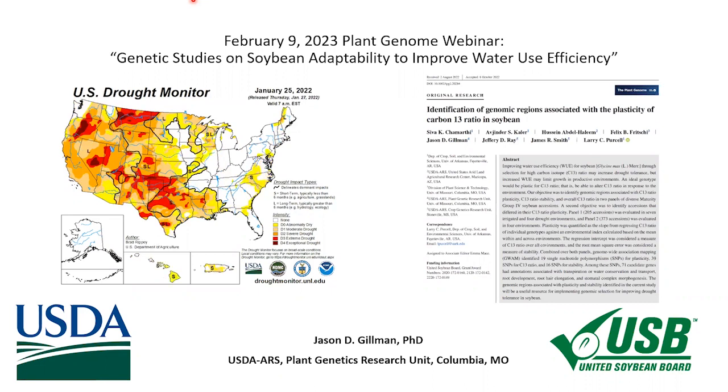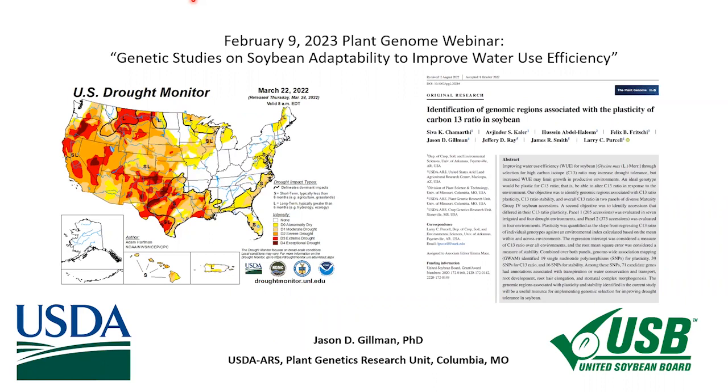Without further ado, I'd like to introduce today's speaker, Dr. Jason Gillman. Dr. Gillman is a USDA research geneticist within the Plant Genetics Research Unit located on the University of Missouri campus in Columbia, and he is an adjunct faculty member with the University of Missouri and the University of Tennessee.